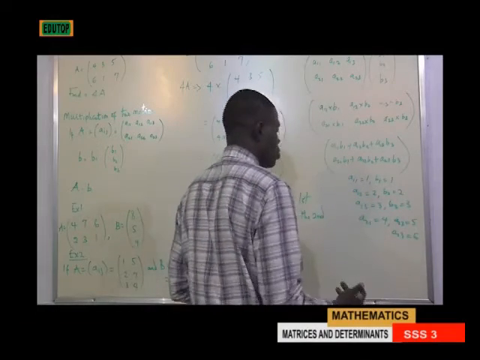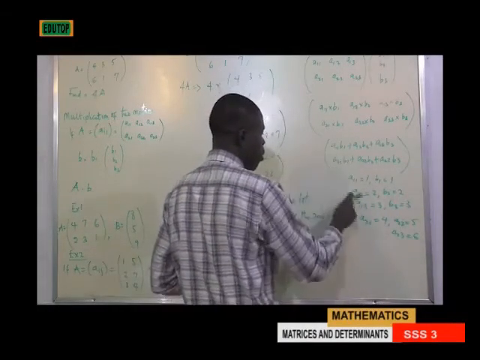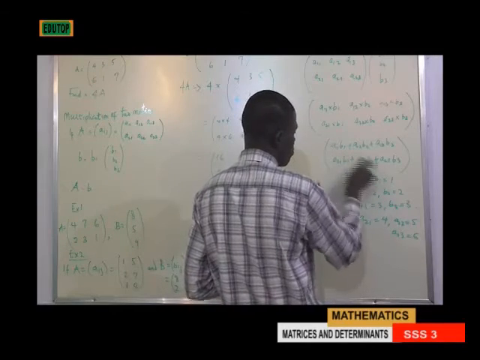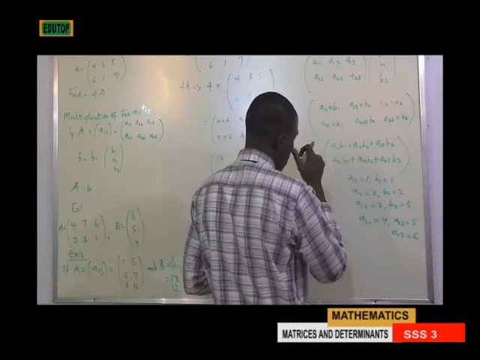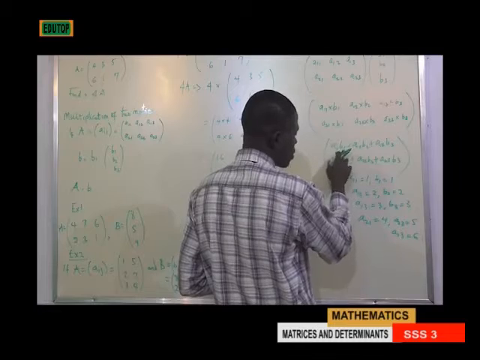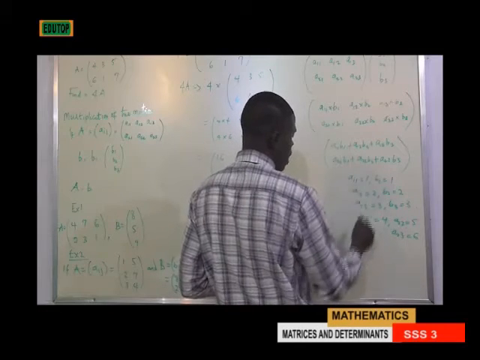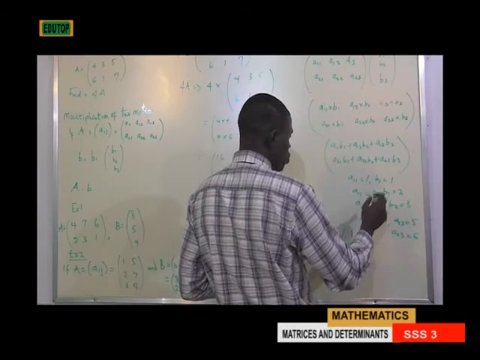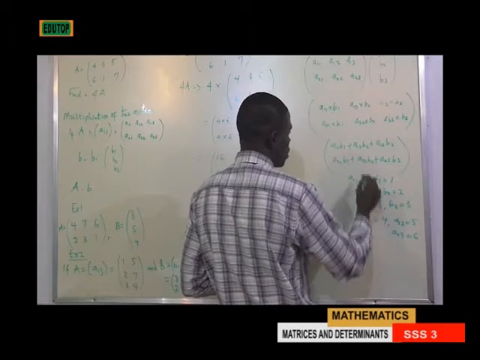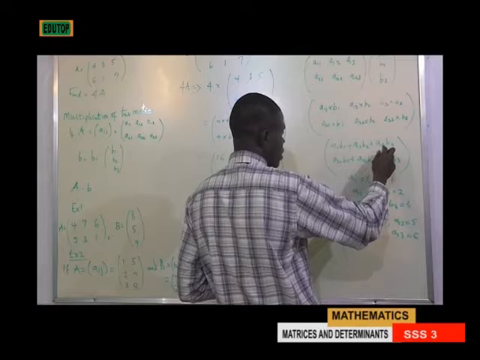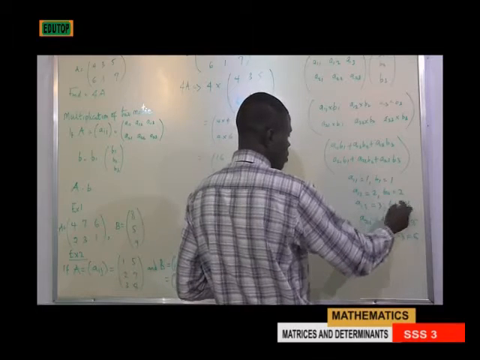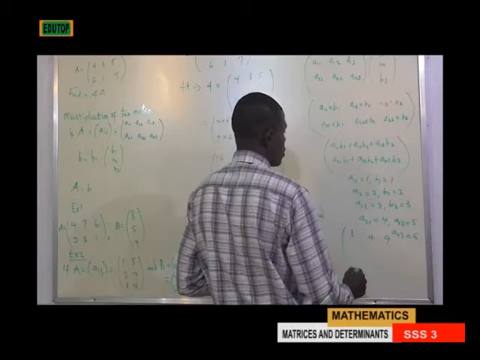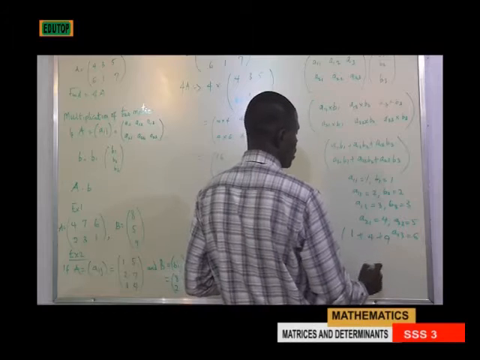I'm only making an assumption. So if you do that now, A11 times B1, that will give us 1. A12 times B2, that will give us 4. A13 times B3, that will give us 9. So we are adding them up.